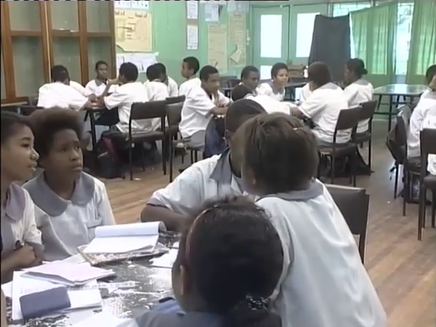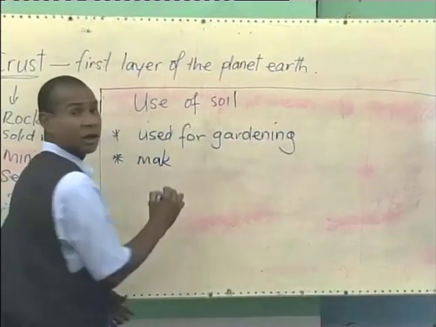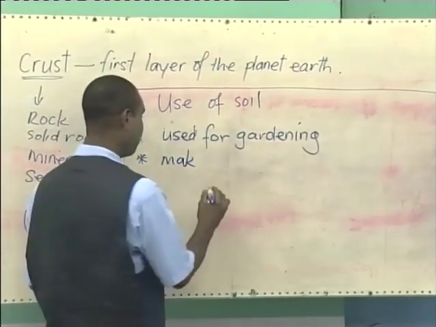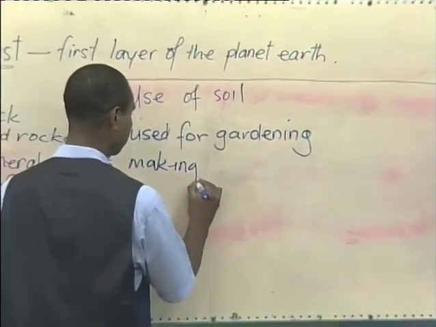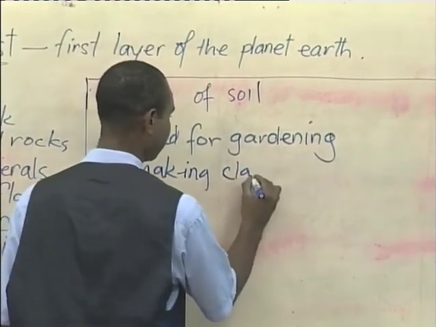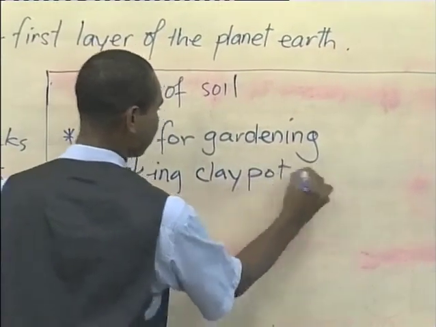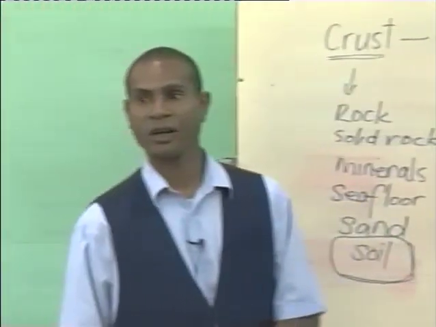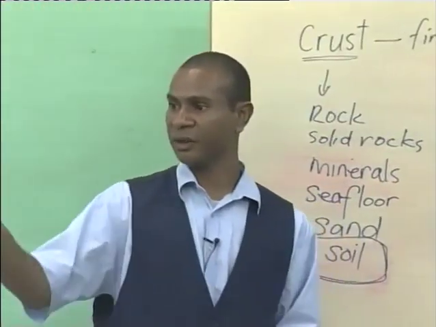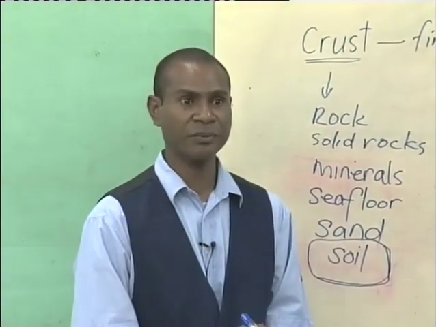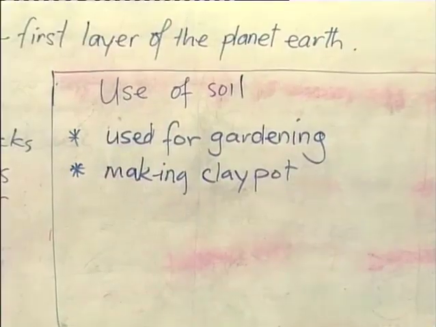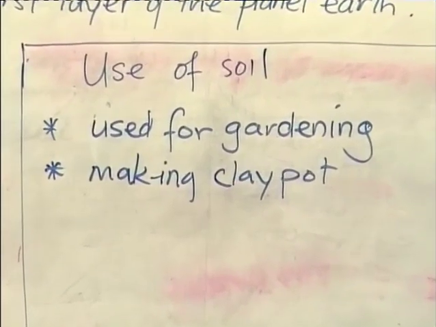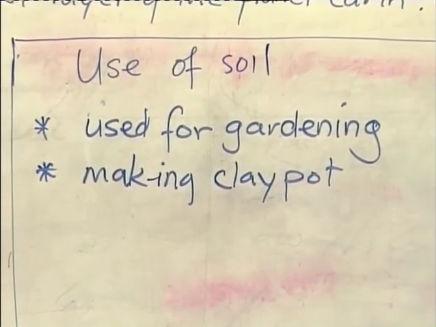Making clay pots, good. Very good. Then Oa and the group, and then we have Vanessa and the group. One from each group. Analolo, what has your group come up with?